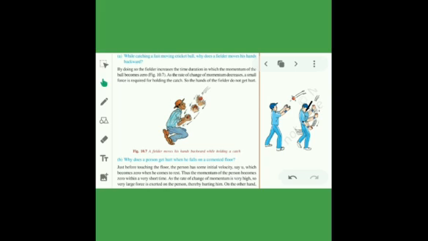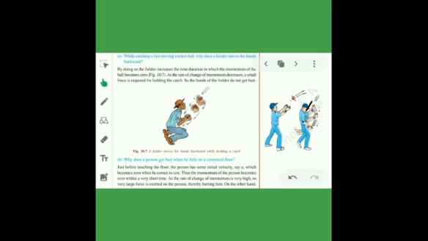Just before touching the floor, the person has some initial velocity, say u, which becomes 0 when he comes to rest. Thus the momentum of the person becomes 0 within a very short time. As the rate of change of momentum is very high, a very large force is exerted on the person, thereby hurting him.